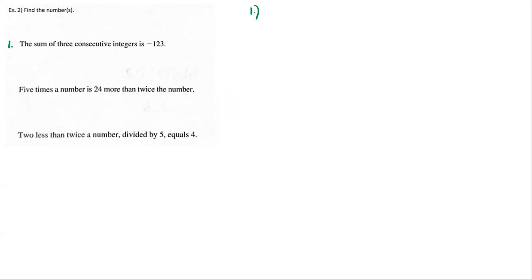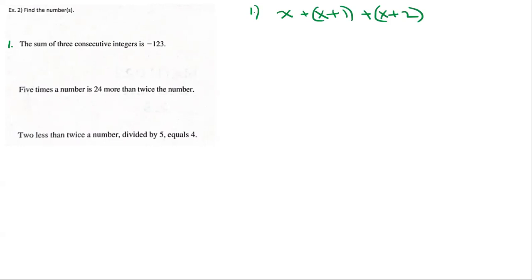We don't know the first one, so let's label that x. Consecutive means right after another, like 1, 2, 3, 4, 5, 6. That's what consecutive means. So if the first one is x, the second one is going to be x plus 1, and then the next one will be x plus 2. So we have x plus x plus 1 plus x plus 2.